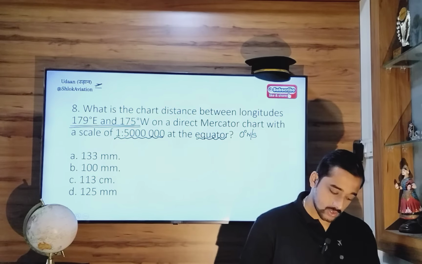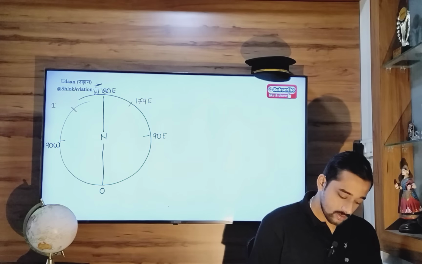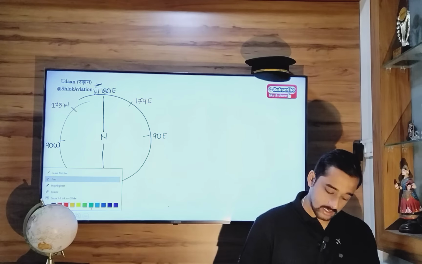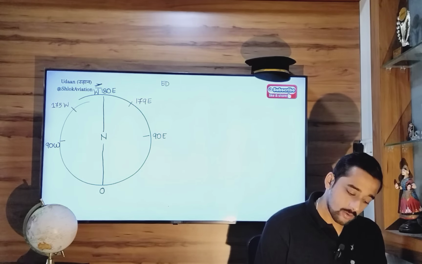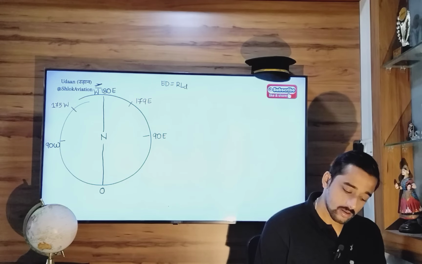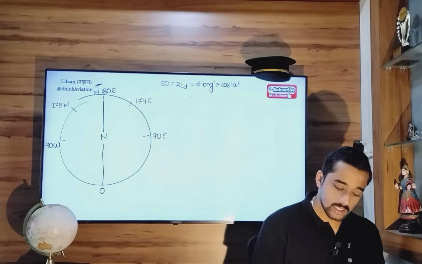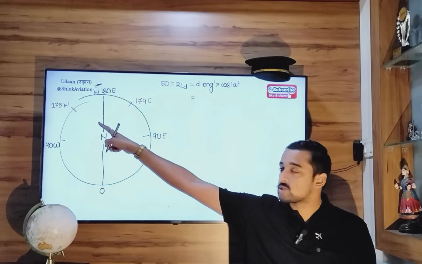Second coordinate is 175 west. Okay. Now Earth distance equals rhumb line distance equals d long into cos lat. What is d long? Difference between these two longitudes.